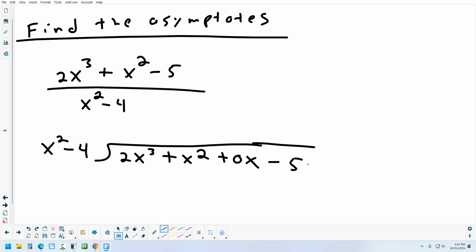That's all it's for. Okay, so now we're going to do 2x cubed divided by x squared. And what does that give me? 2x. Multiply it back out: 2x cubed minus 4x. That's why we needed that column open, because I just had to put something in it.